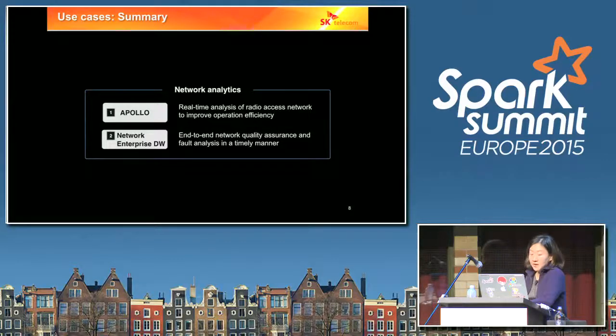With real-time analysis of access network data, we attempt to improve operation efficiency of the access network. Second, Network EDW is a Hadoop-based enterprise data warehouse using Spark to assure end-to-end network quality and problem analysis.